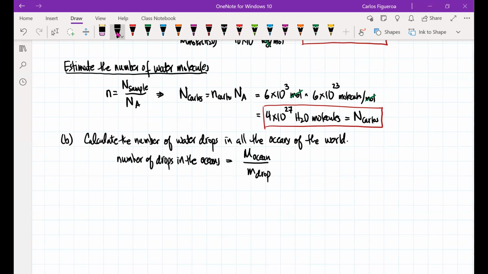Since we already know that the mass of the oceans is 10 to the 21 kilograms, our whole goal here is to determine the mass of a water drop.